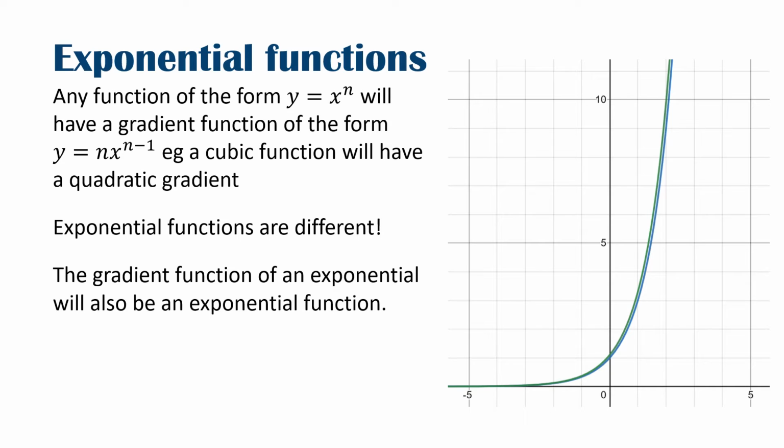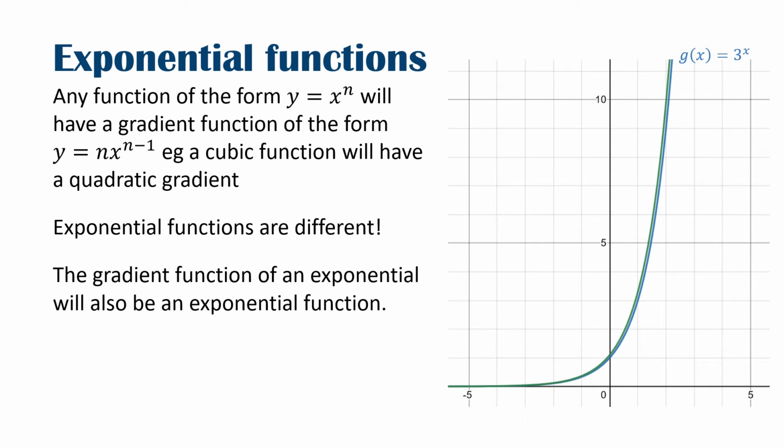Similarly, here we can see there's a blue line and a green line, but they're almost touching. But note that before we had the blue line to the left and the derivative to the right, whereas here we've got the blue line to the right and the derivative is now to the left. Again, the blue line goes through the point 0, 1 and the point 1, 3.